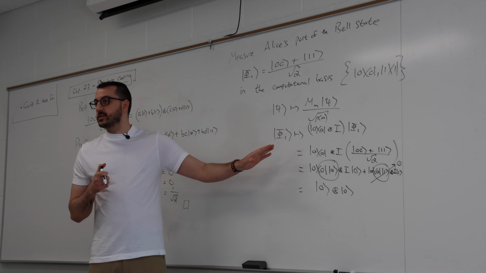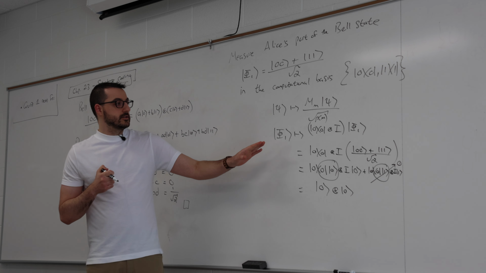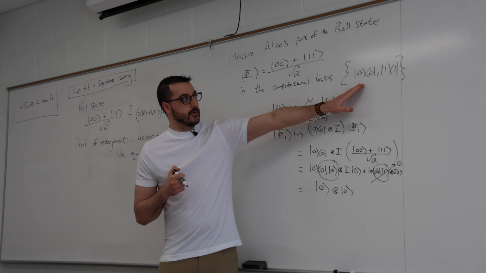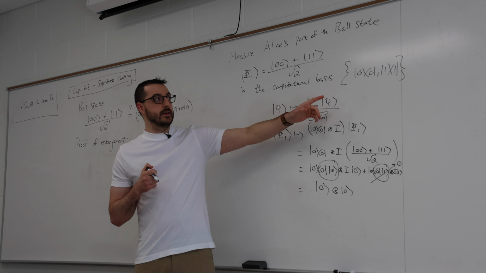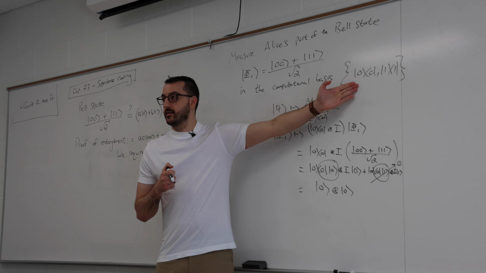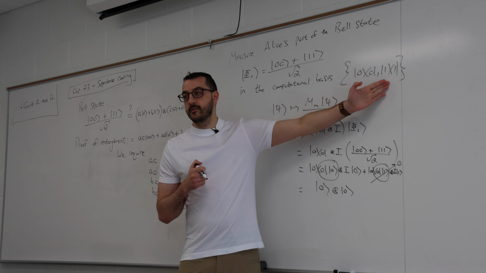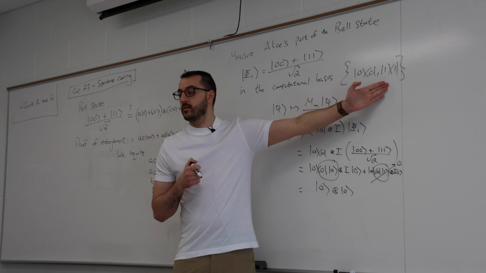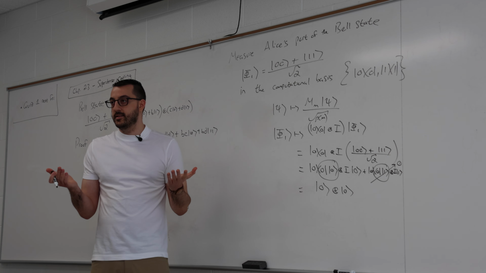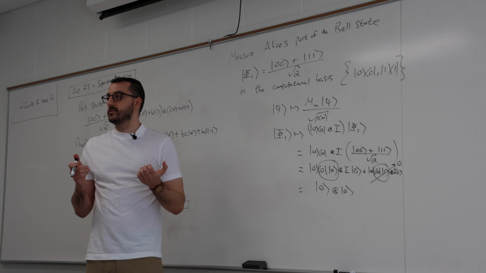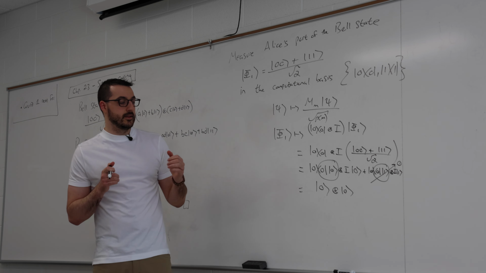Alice doesn't know what she's going to measure. We suppose, for example, that she measured outcome 0. And if you work that through, that would be a probability of 1/2 of getting that. There's also a probability of measuring outcome 1 with 1/2. So it's sending a random message if you want to try to interpret it in that way.